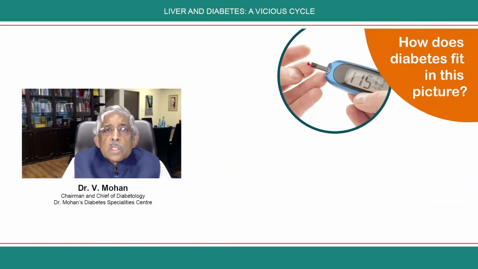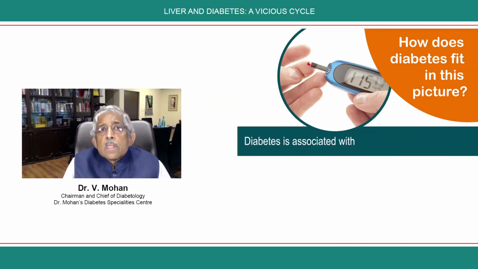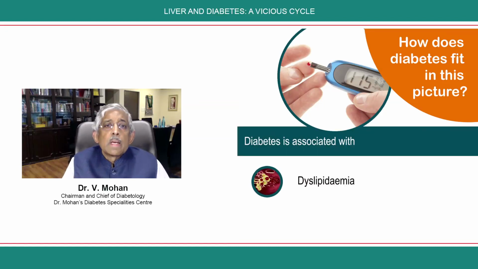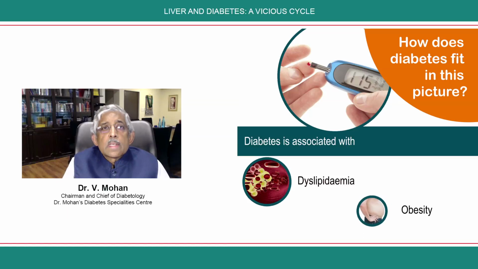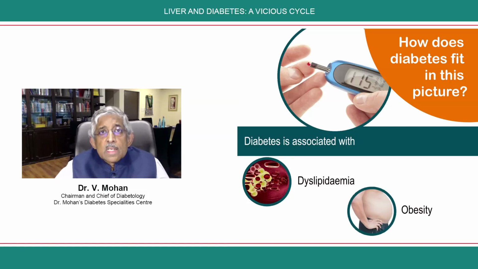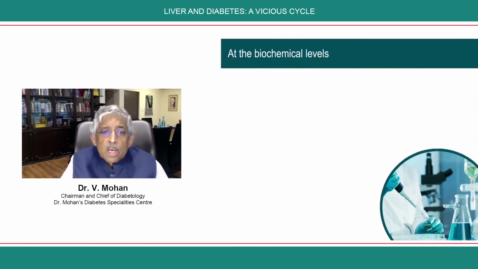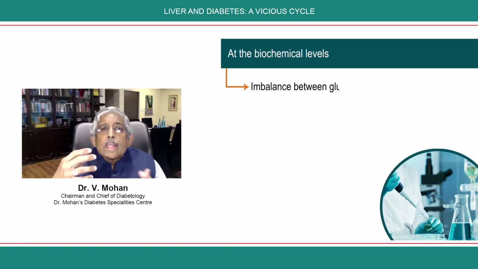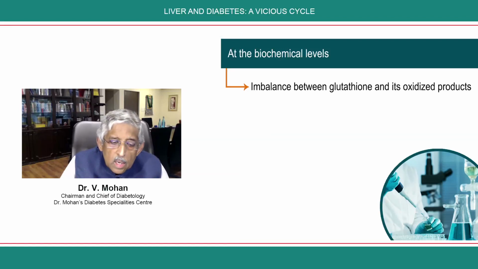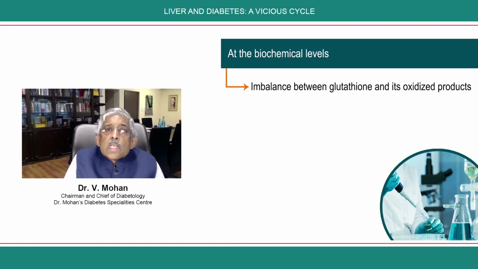Now, how does diabetes fit into all this? Diabetes is associated with dyslipidemia. It's also associated with obesity. So the scene is now set for chronic liver disease to come in because of diabetes. At the biochemical level, what happens is that there is an imbalance between the glutathione and its oxidized products.